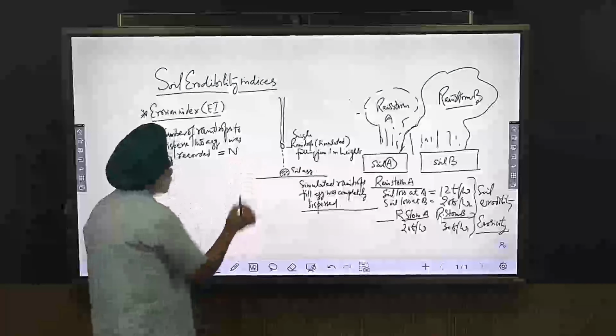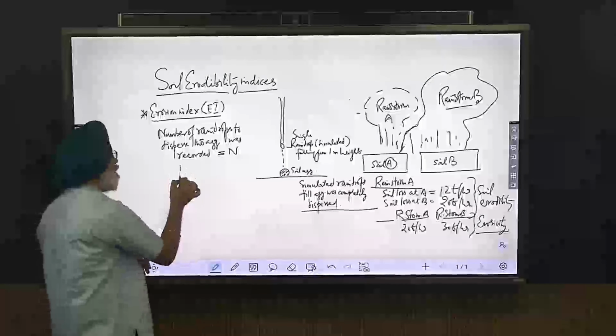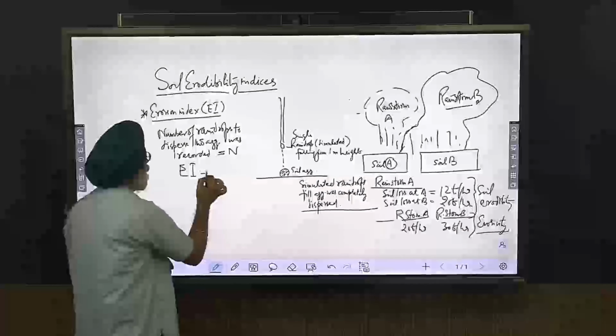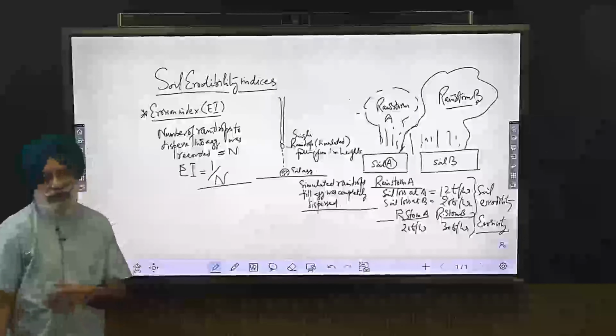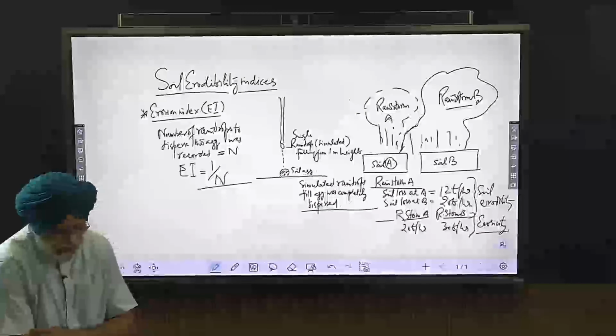Say the number is n, and he said that erosion index is then the inverse of this number of raindrops, 1 over n. So, this is how he gave an index.